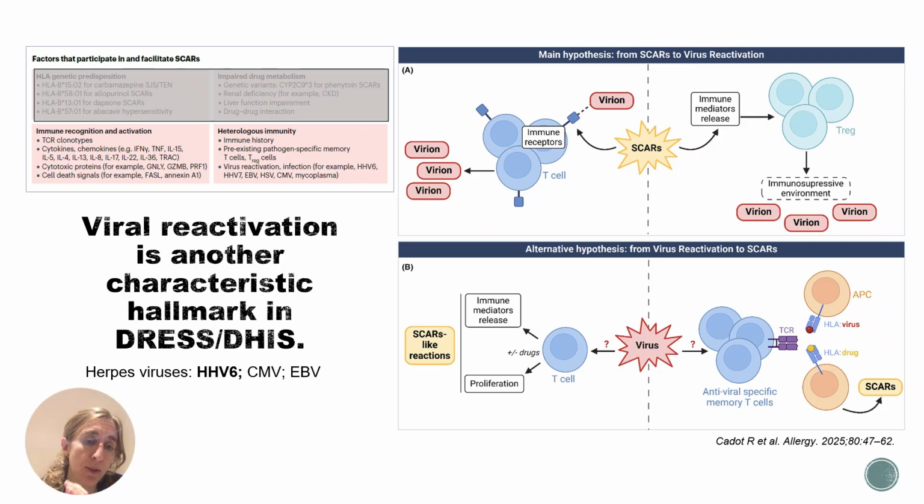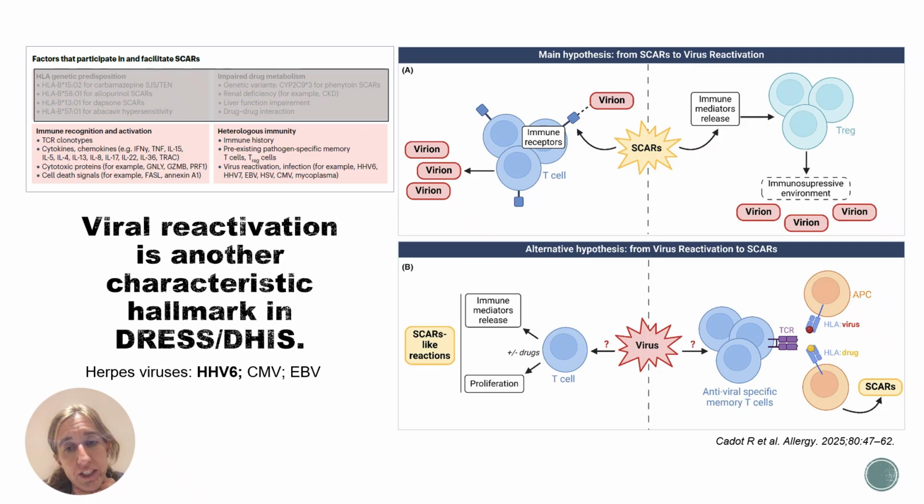And it's very important that viral reactivation is another characteristic hallmark of SCARs, and very especially in DRESS, right? In SCARs, it's not clear what's going on here. So SCARs may be the cause of virus reactivation.